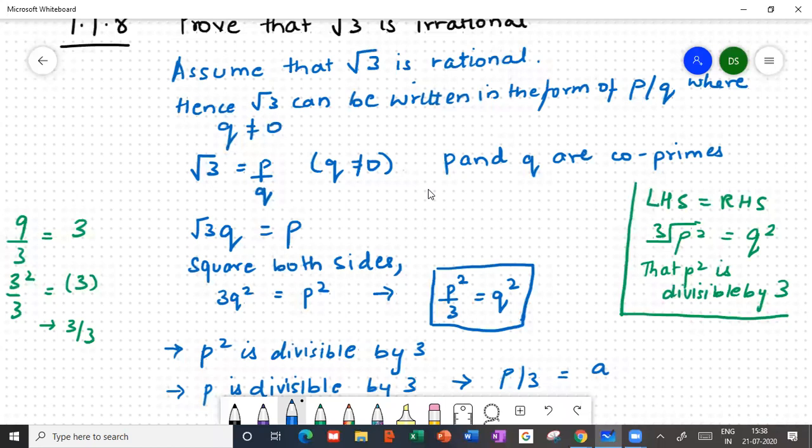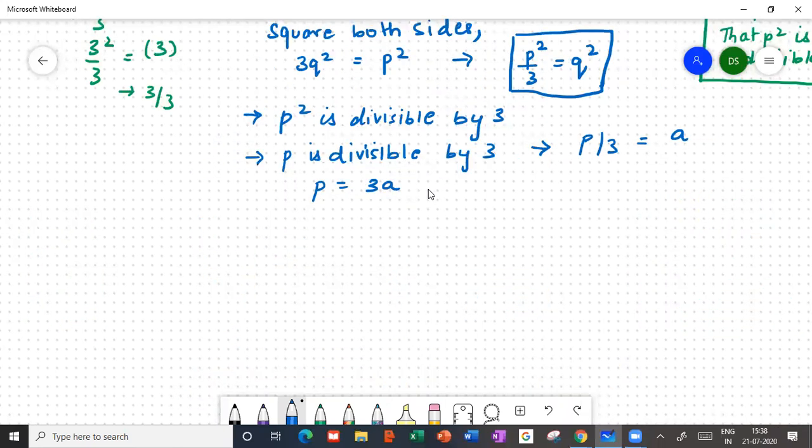Coming back to this. Since p by 3 is a, p can also be written as 3a. This might be confusing, so I'll tell you the goal here.